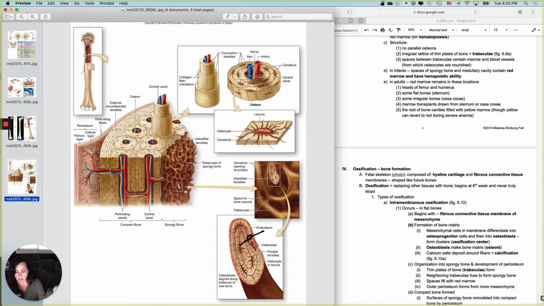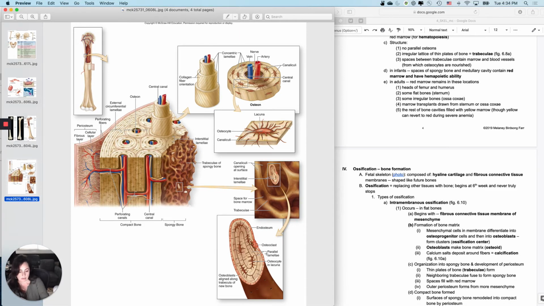So this is called a trabeculum again, and plural is trabeculae. And the spaces between the trabeculae are going to contain usually red bone marrow, and that's how they get their nourishment.